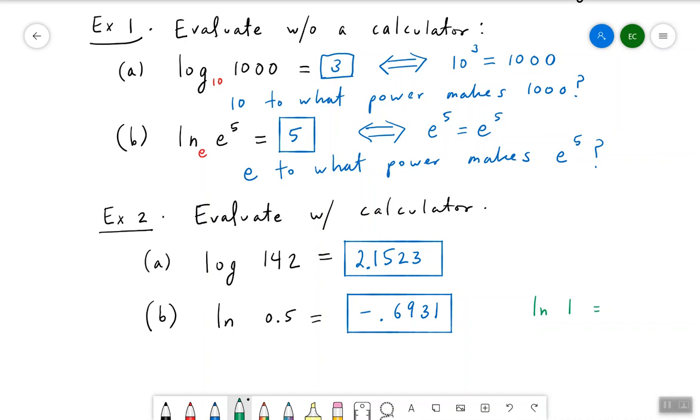If we use any base, the log of 1 is 0. If we talk about the natural log, the base is e, and we're asking e to what power makes 1? Well, e to the 0 power makes 1. And so since our argument is less than 1, our answer is going to be less than 0.